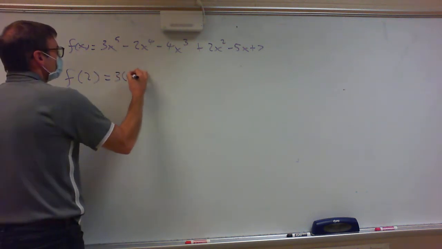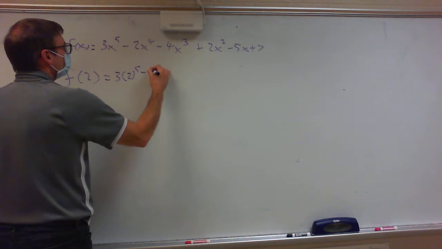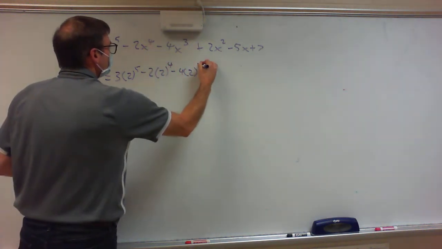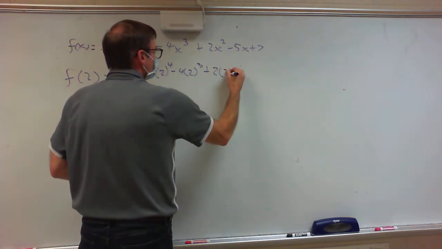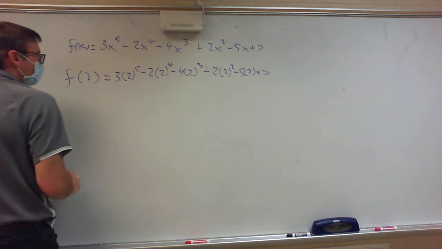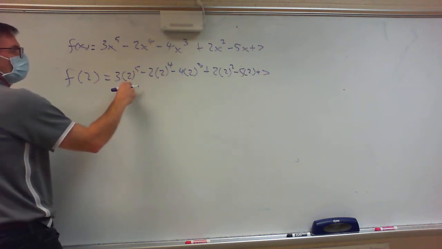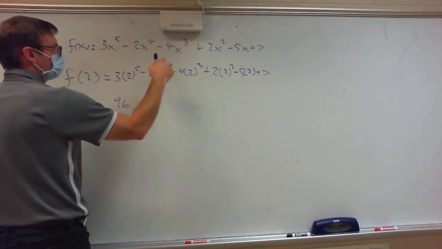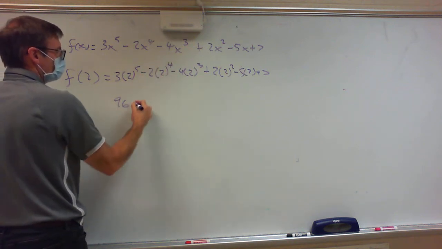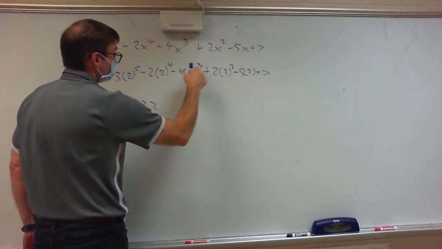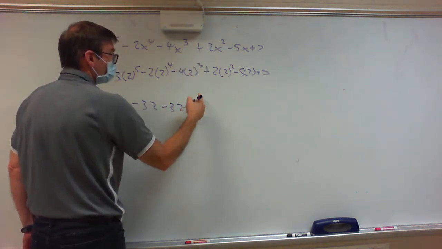So let's see, that's 3 times 2 to the 5th minus 2 times 2 to the 4th minus 4 times 2 cubed plus 2 times 2 squared minus 5 times 2 plus 7. All right, that's 32 times 3, 96. 2 to the 4th is 16 times 2, which gives me minus 32. 8 times 4 is minus another 32.